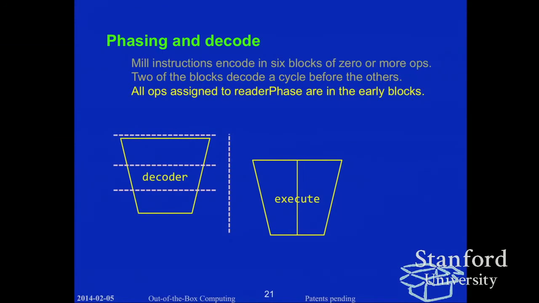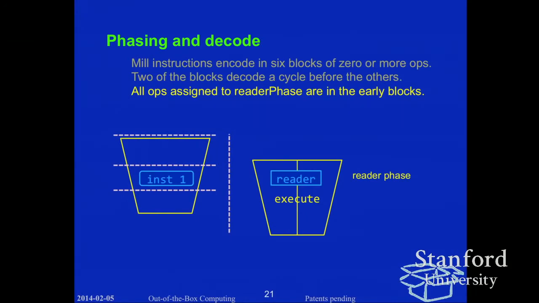And they are arranged so that those things which are going to want to execute in reader phase are in the part of the instruction which is decoded first and is available immediately. So if that's our instruction coming in, 1 cycle later, the reader ops can be sent directly over to the execute. That constitutes the reader phase as far as the execution is concerned.